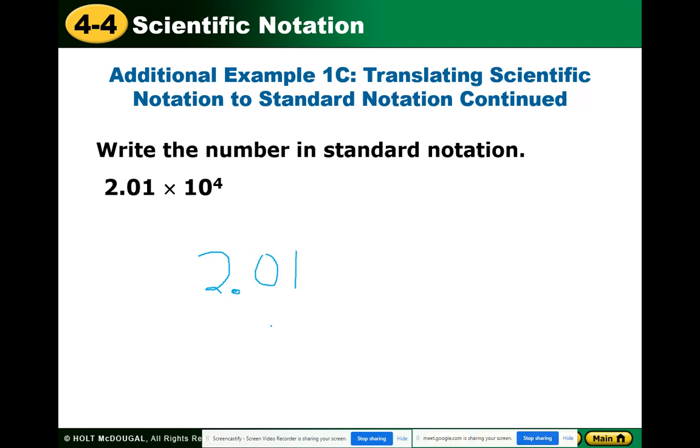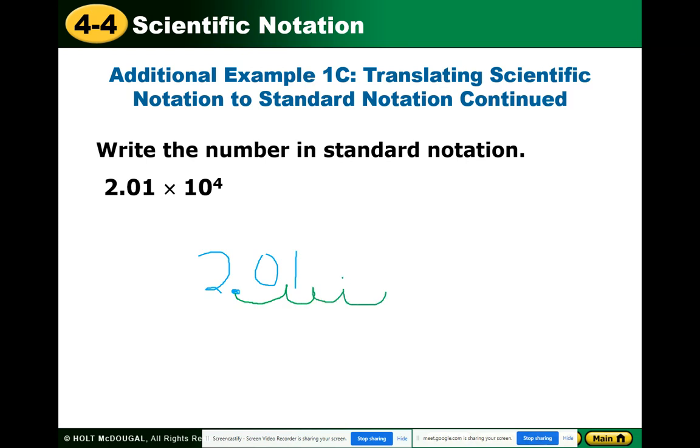So we have 2.01. So, first of all, Christine, looking at the exponent over here, is the number going to be bigger or smaller when we're done? Bigger. Okay, go ahead. All right, bigger because it's positive. You move the decimal 4 places to the right. I'm going to change to red before I do that. 1 spot. Make sure you go up between the numbers. 2 spots. 3 spots. 4 spots.